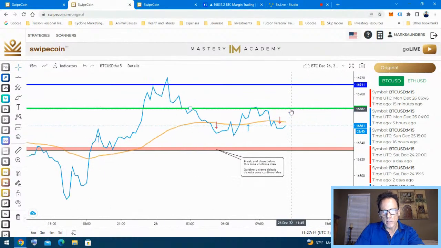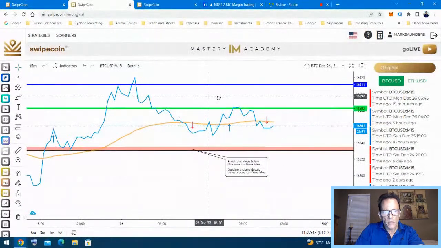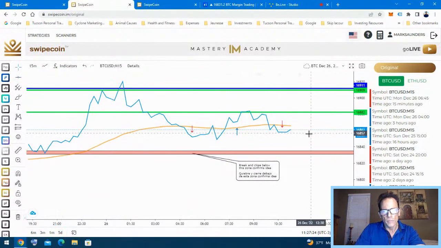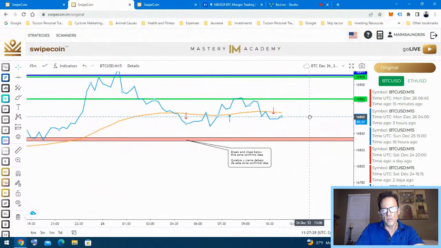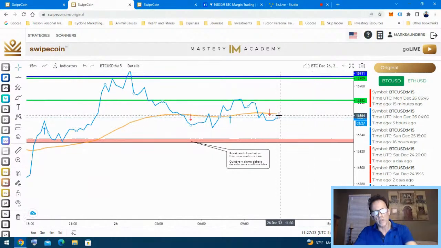If you're more conservative, you could probably go here. It's definitely a different zone, so I'm going to include it, but those are the two zones I'm looking for to break and close above for prices going up.